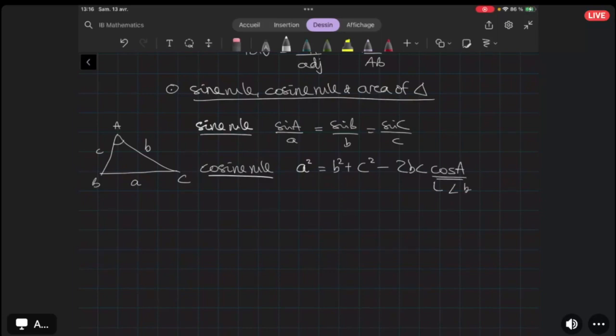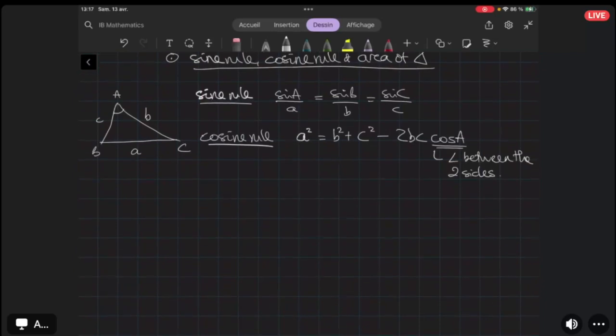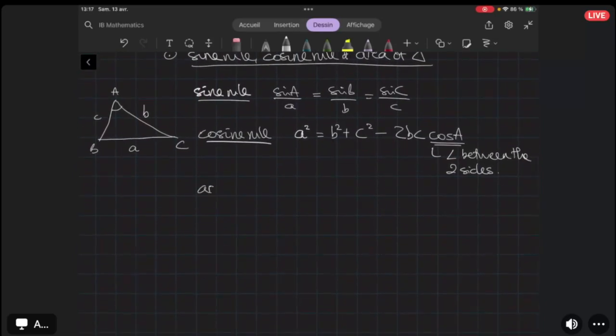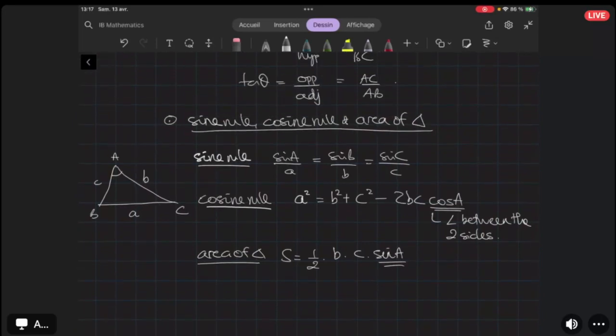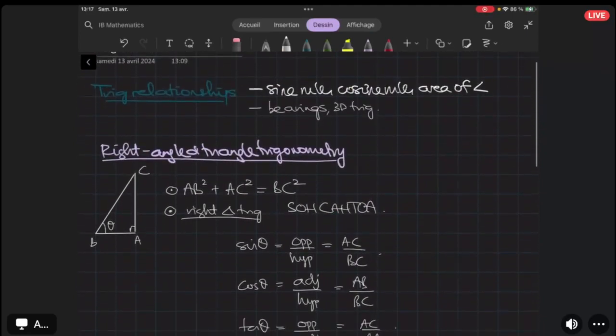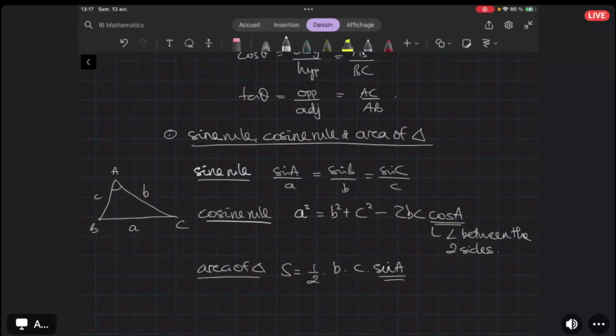This is important: the angle between the two sides, squeezed between the two sides. Area of a triangle: that's going to be a half times the two sides times the sine of the angle between the two sides. That's pretty much it.